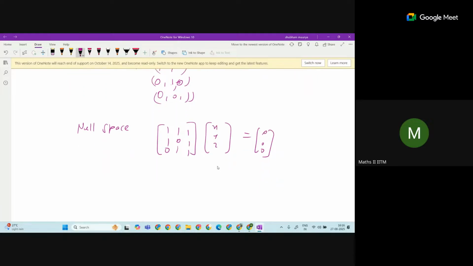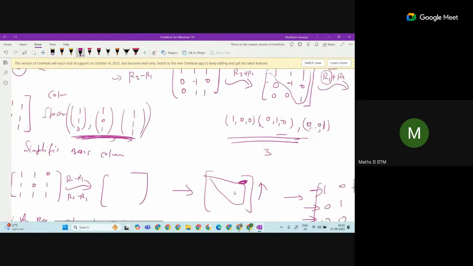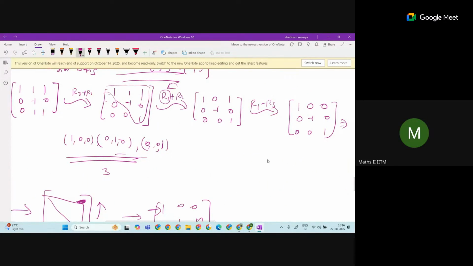You do row operations, many row operations, and slowly change it to a very simplified form. If you get the very simplified form, you will get the identity. We have done that many times on A, and finally we got the identity here.